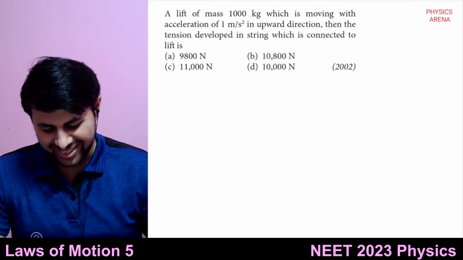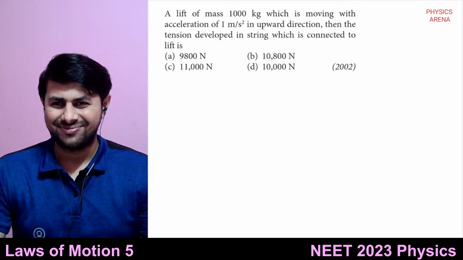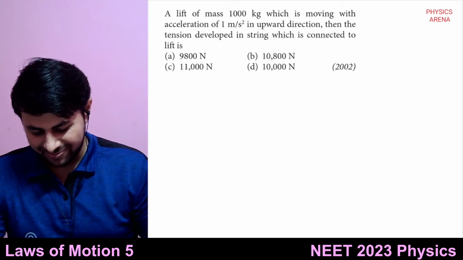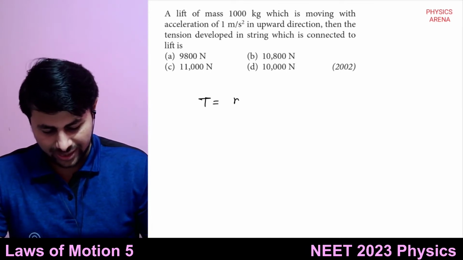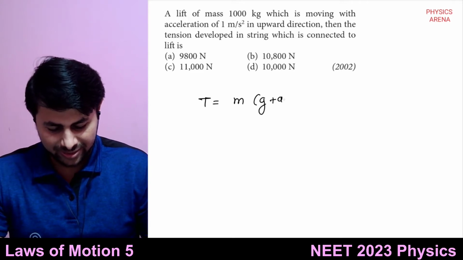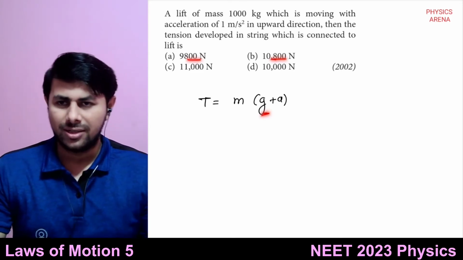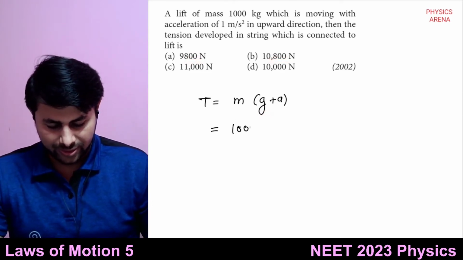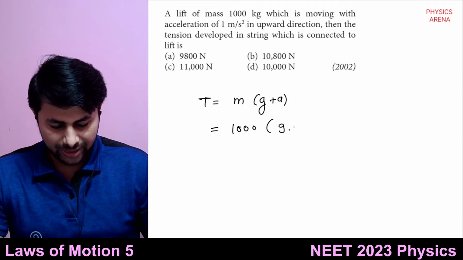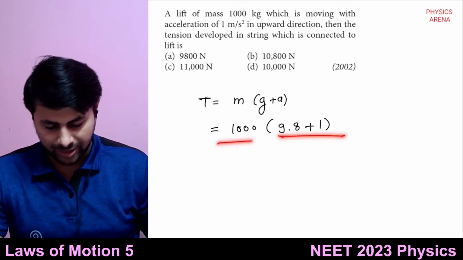But there is this option also, 10,800. Tension is m multiplied by (g plus a). These options are close, so we have to take the real value of g. This is 1000 multiplied by (9.8 plus 1), so this will be 10.8 multiplied by 1000.